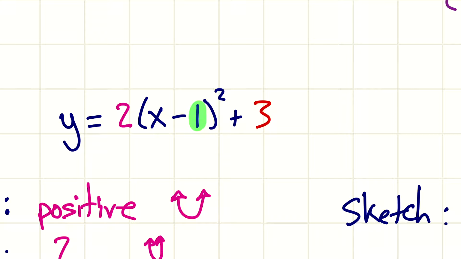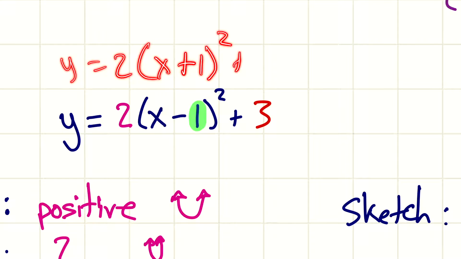Now, in the event this happened to be y equals 2 times x plus 1 squared, then our h value, keep in mind our h value was supposed to have a minus in it, but instead it has a plus. So that must mean that our h value here must be -1.